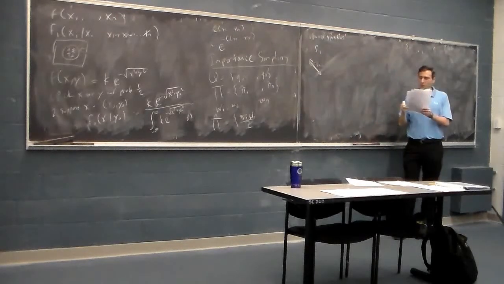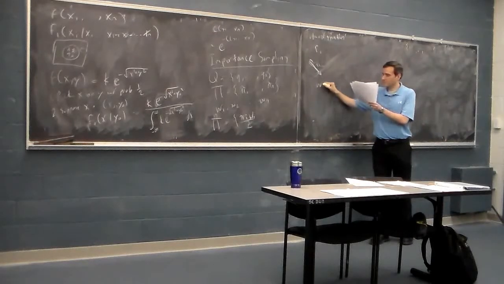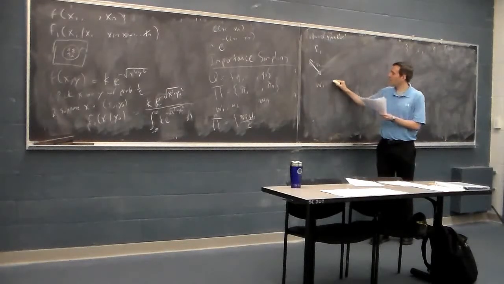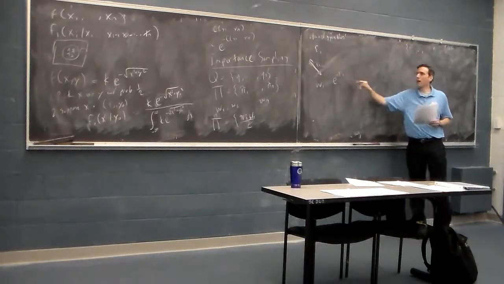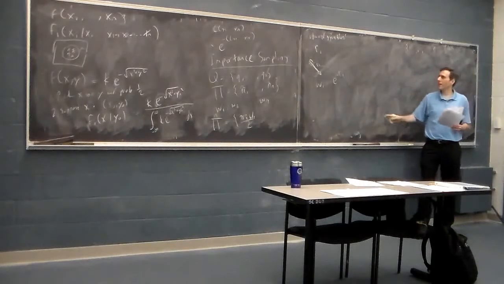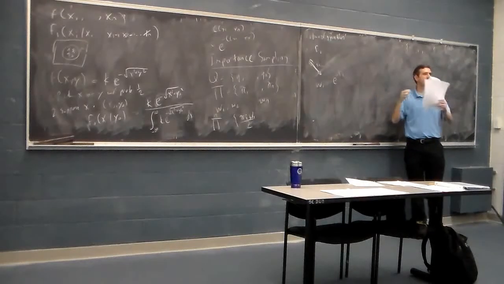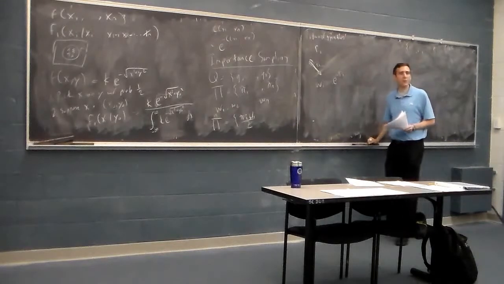And what we can do is throw in a weight function, W_i, which we will say is e to the minus R_i. So when we have a big R_i, an unfolded protein, you're putting a very unfavorable weight on it. A compact one, you're putting a favorable weight on it.